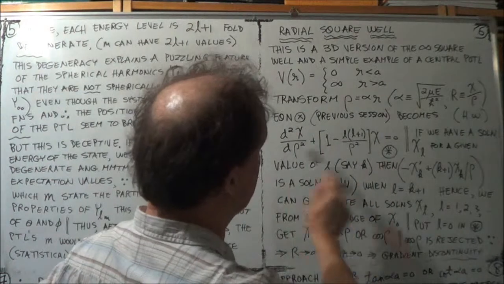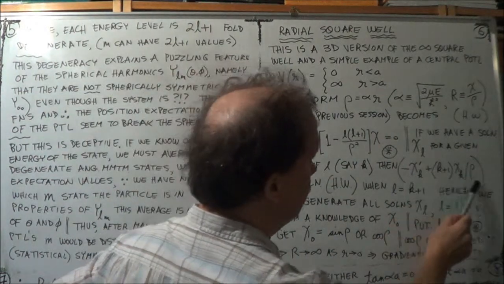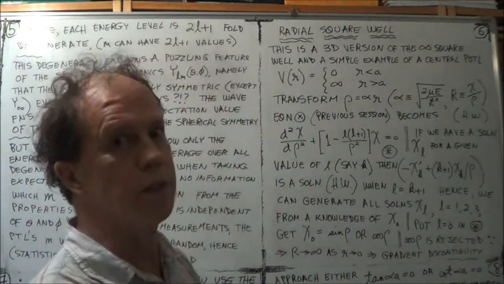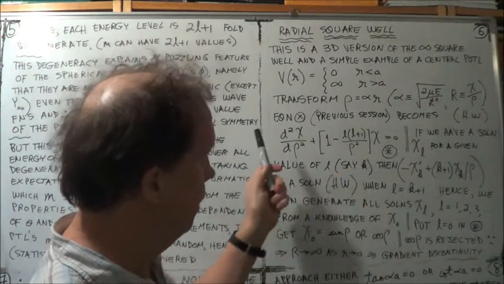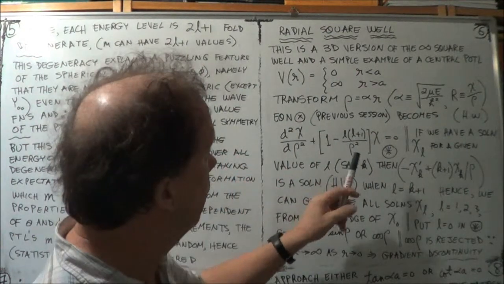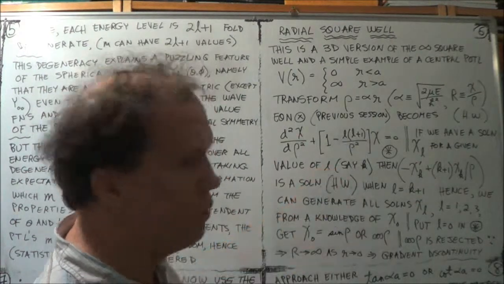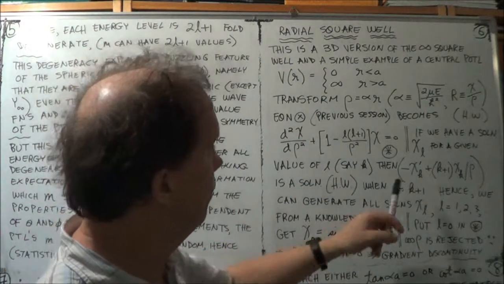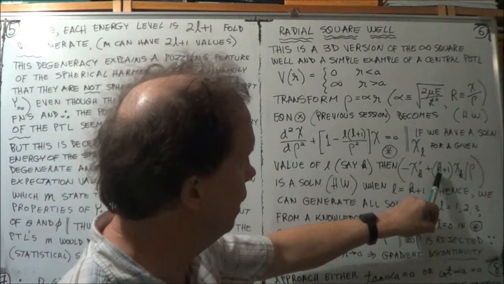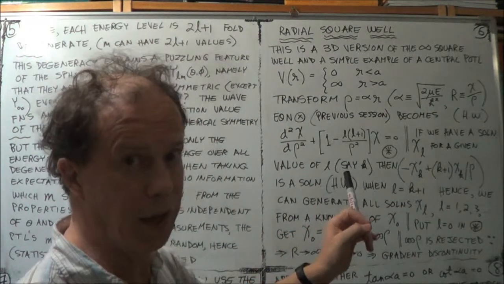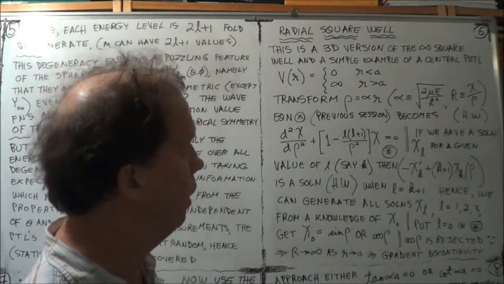And if this is 0, that shows that this term here is the solution to this equation. But interestingly, when L is now 1 larger, it's now k plus 1, before it was k. You may say, so what?